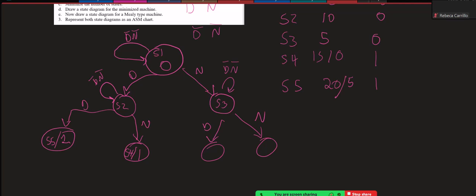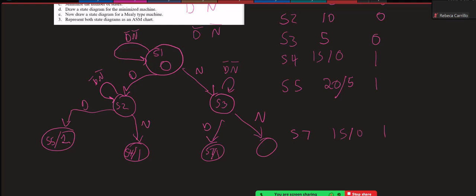So I'm going to call this one, the dime, S7, and it'll be 15/0 and 1. I can't keep up with the descriptions. Well, you just follow the arrows.